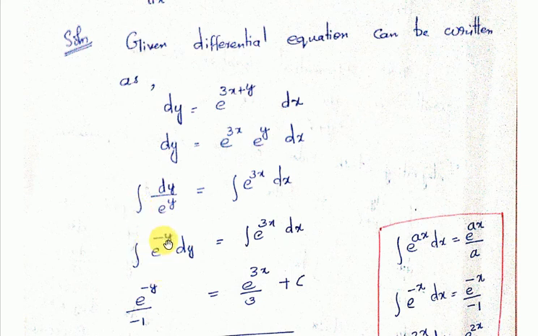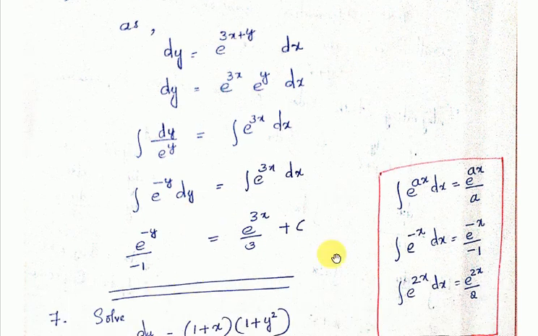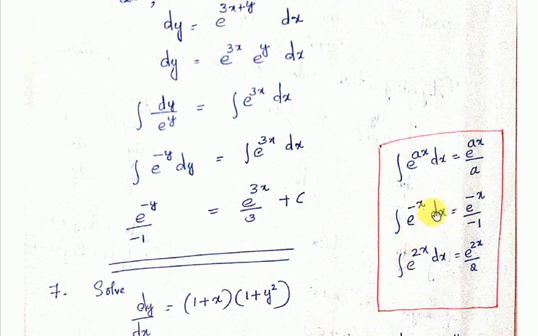So e raised to minus y dy equal e raised to 3x dx. See here, integral e raised to ax dx is e raised to ax by a. And integral e raised to minus x dx is e raised to minus x divided by minus 1. What is the coefficient of x here? Minus 1. So divided by minus 1.